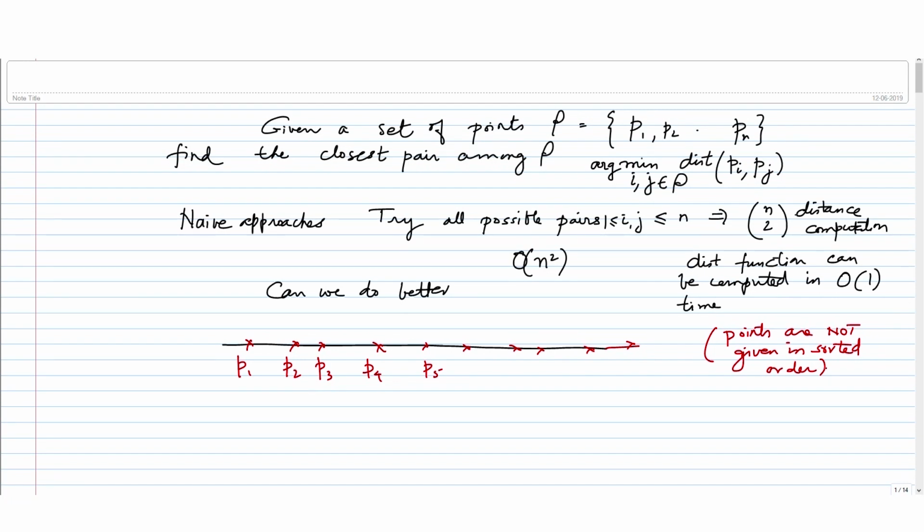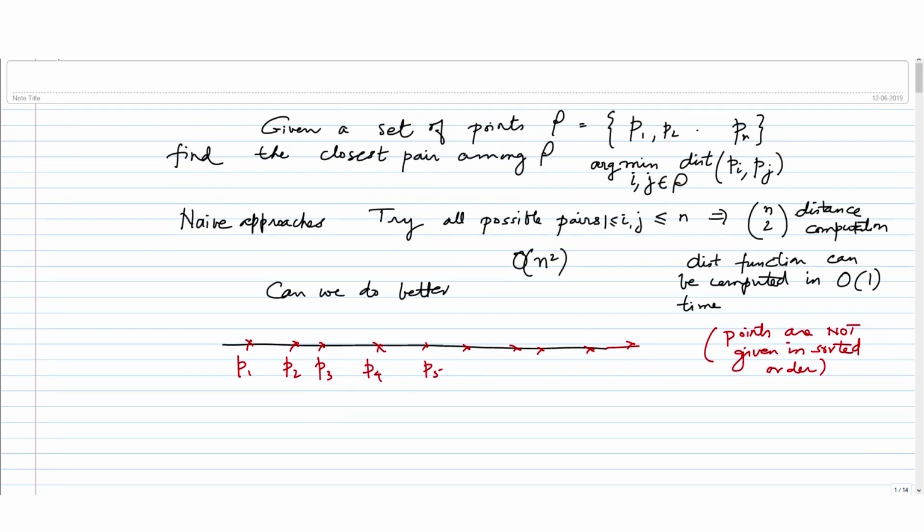But let's say in one dimension we are given this set of points, and we want to find the closest pair. One simple observation that we can exploit is the following: the closest pair must be a consecutive pair, right? If we sort the points, then the closest pair has to be one of the consecutive pairs.